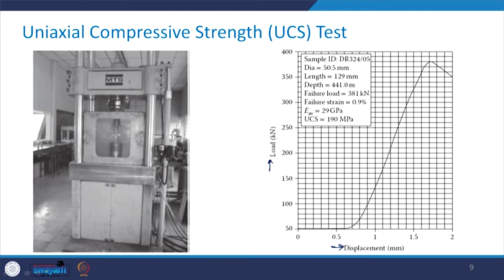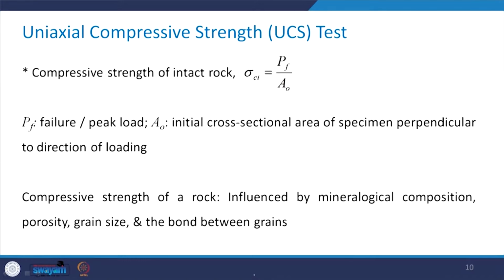Let us see. Before we go for the analysis, first we will see how the test is conducted. The compressive strength of the intact rock, which we will represent by sigma Ci, is equal to the failure or peak load divided by the initial cross-sectional area of the specimen perpendicular to the direction of loading.